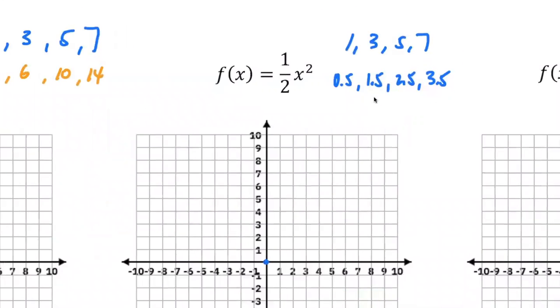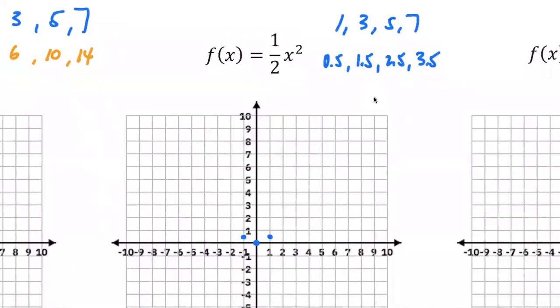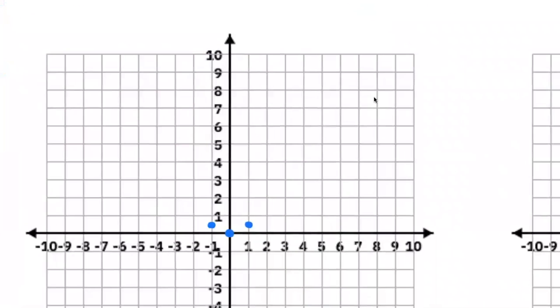You will still have the vertex at 0, 0. You will still go to the right 1 unit, but you will go up half a unit. Not 1, but half. And then you go to the right again by 1 unit, but you will only go up 1.5. So on top of this 1 half, you go 1.5 units up, which is 1.5 plus 0.5, so it's 2.